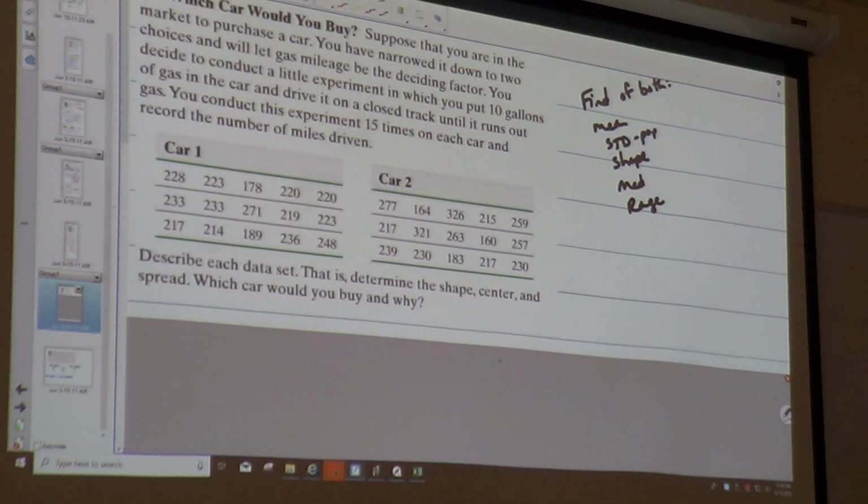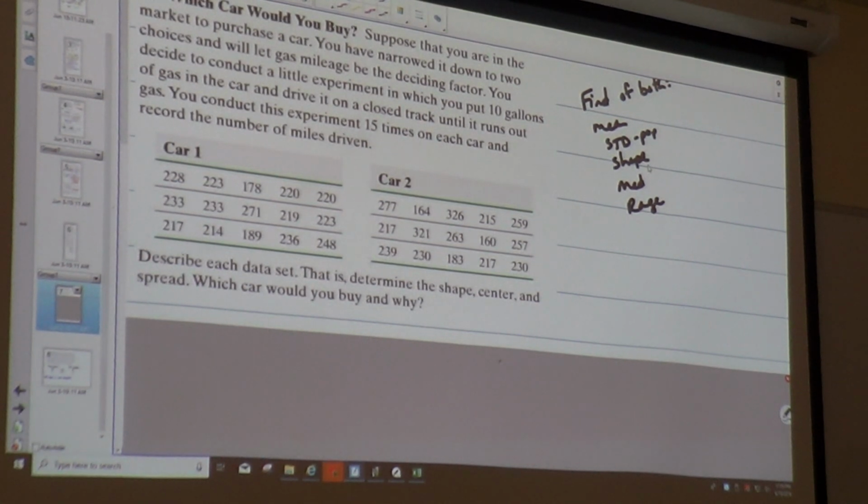L1, L2. Make sure you call them the right name. The shape means, tell me, is it symmetrical, bell-shaped, or is it right skewed, or is it left skewed? What was that you said? Oh, the shape. I said find the mean, the standard deviation, the shape, the median, and the range. The shape is, tell me if it's right skewed, left skewed, or bell-shaped. Tell me what the shape of the graph looks like.